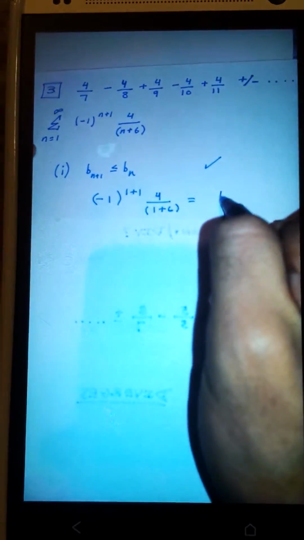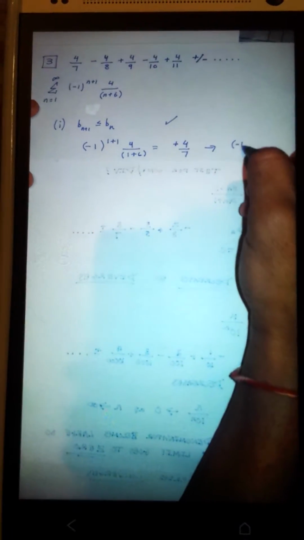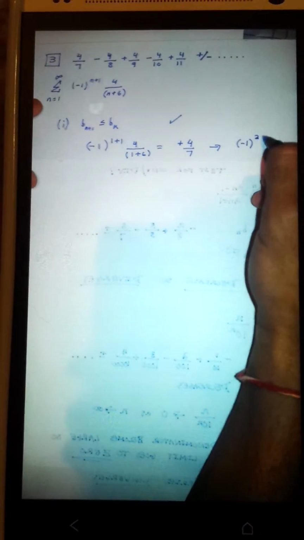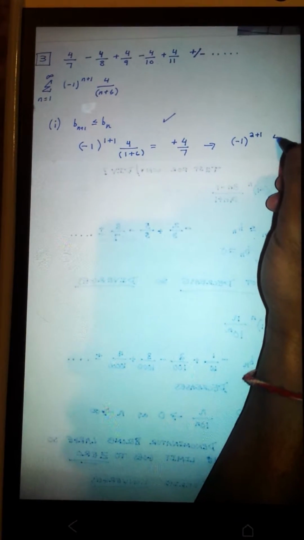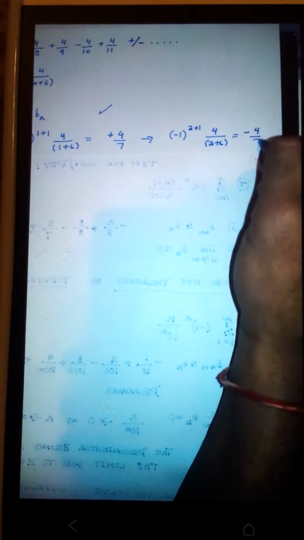negative 1 to the 1 plus 1 power times 4 over 1 plus 6, which is equal to positive 4 over 7. And if you were to plug it in for the second number, you would get negative 1 to 2 plus 1 times 4 over 2 plus 6, which is also equal to negative 4 over 8.